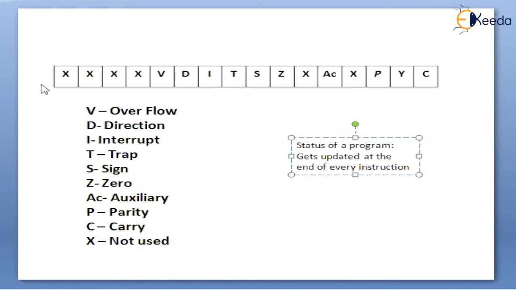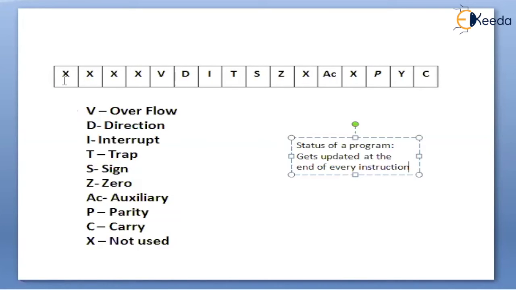I'm not getting into the details of those architectures, because they were explained in my previous classes in terms of single accumulator organization and general register organization. I'm not getting into the details of those registers again. Now let us discuss these flag registers. What are these flag digits, and at the end of every instruction, how are they going to be updated?